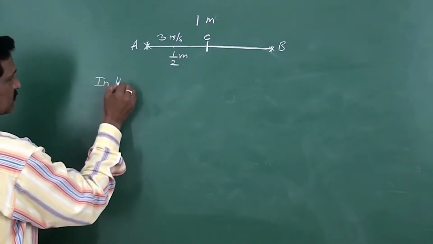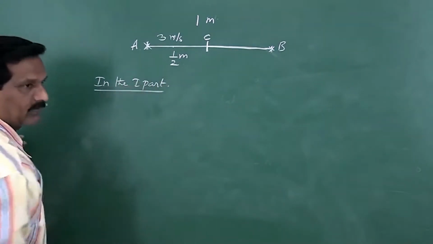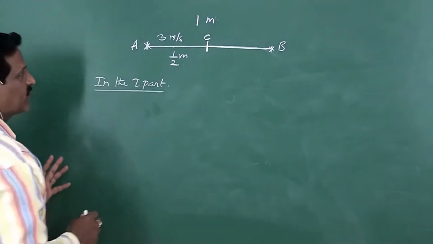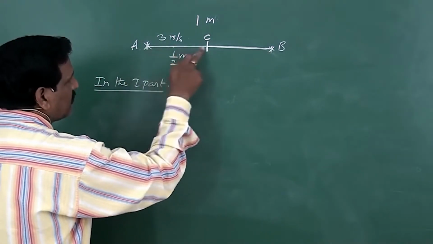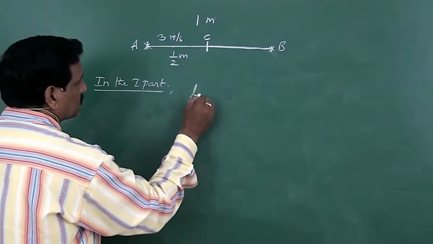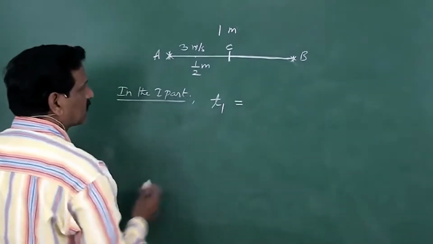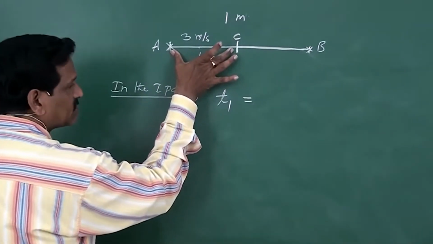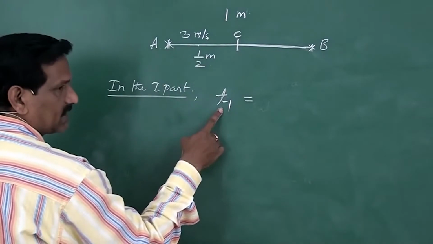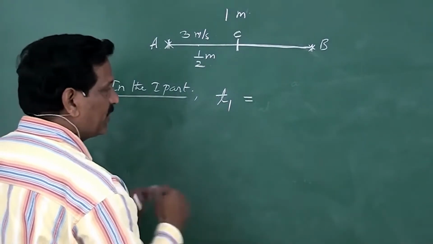In the first part, the time taken for the car to move the half distance, that is half meter, is, say, T1. Then time taken T1 is equal to distance by speed.